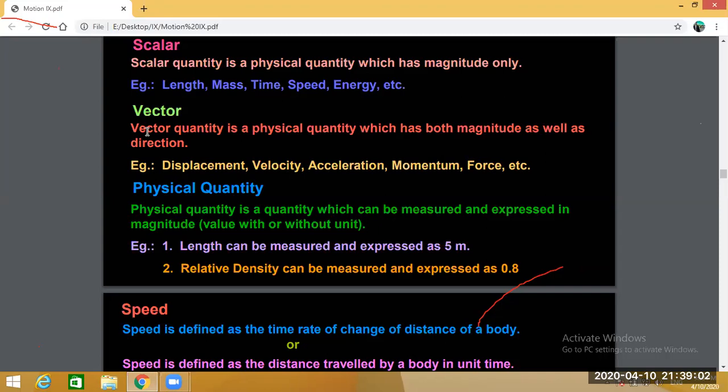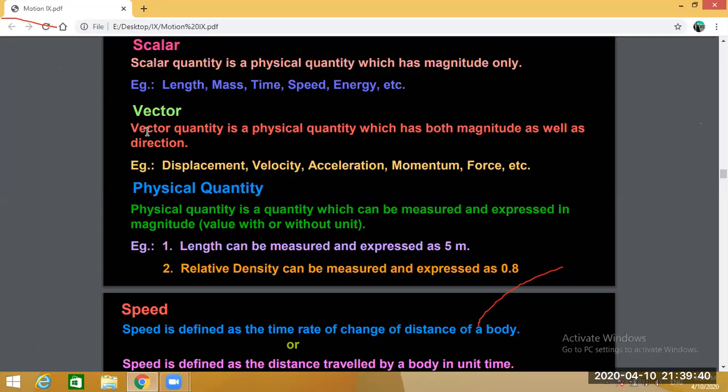Now let us come to know what a physical quantity is. A physical quantity is a quantity which can be measured or expressed in magnitude along with unit or without unit. Physical quantities are those quantities which can be measured and expressed in magnitude, either with unit or without unit.